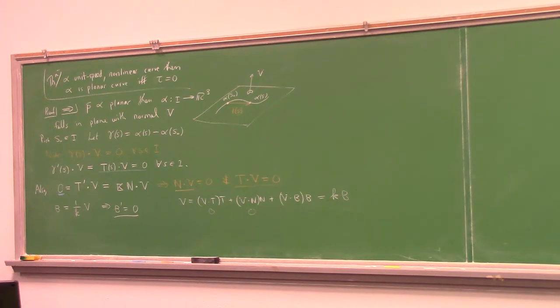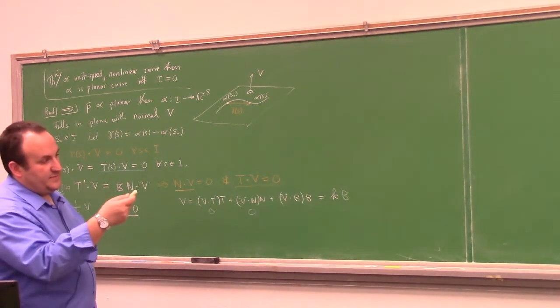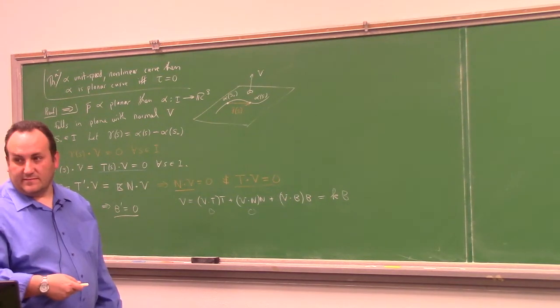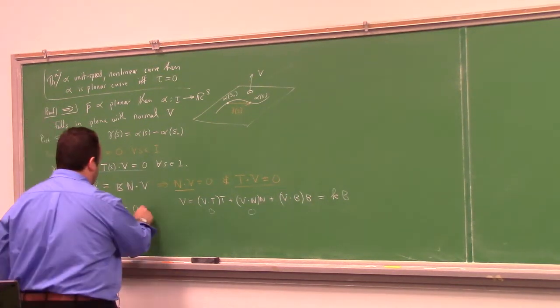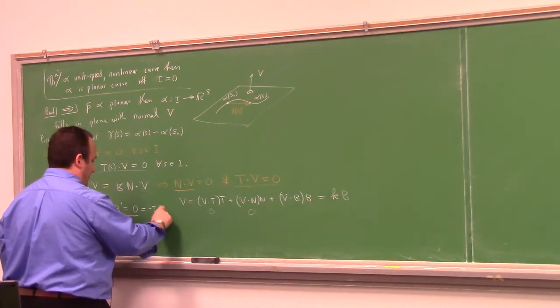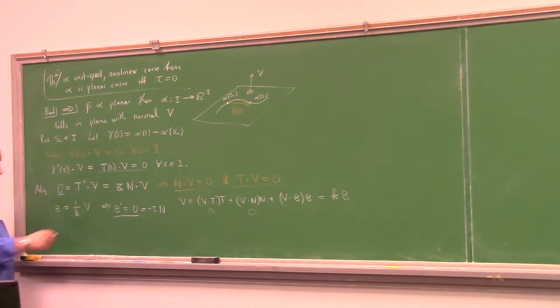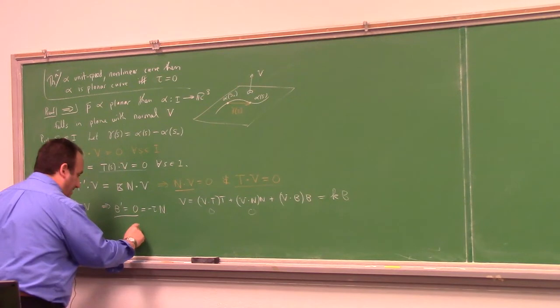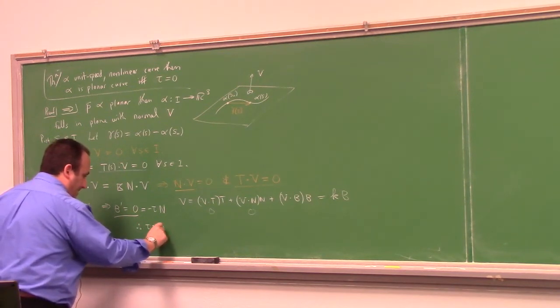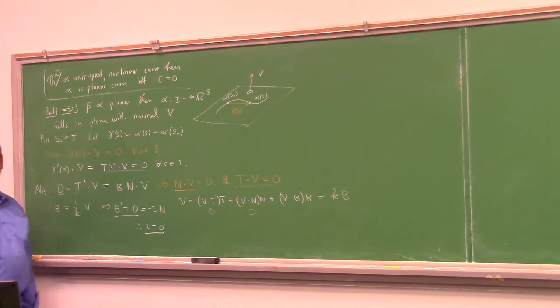That says that the torsion is 0, because b prime is minus torsion times n. Since n is non-zero, it must be that tau is 0. So that's the forward direction of the proof.